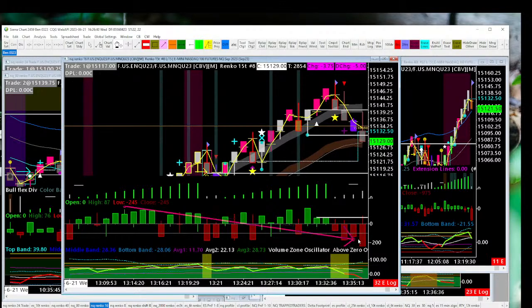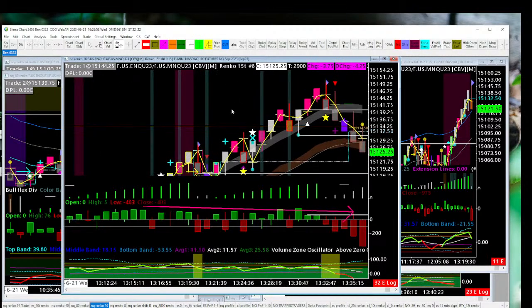Now, I assume if we break above this, it's probably going to go higher, right? So I can put my stop, I think, right there. I'm pretty sure. I just don't know what the perfect place to get short is. My guess is any yellow dot, any star, any diamond, they're probably all sellable.